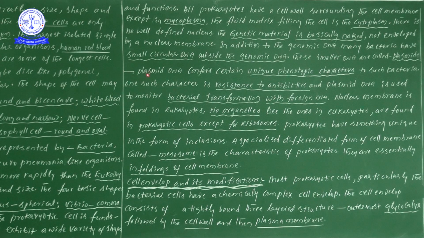Next, in prokaryotes, plasmid DNA, circular extra chromosomal DNA, is present. Because of the presence of plasmid DNA in the bacterial cells, it confers certain unique phenotypic characters.